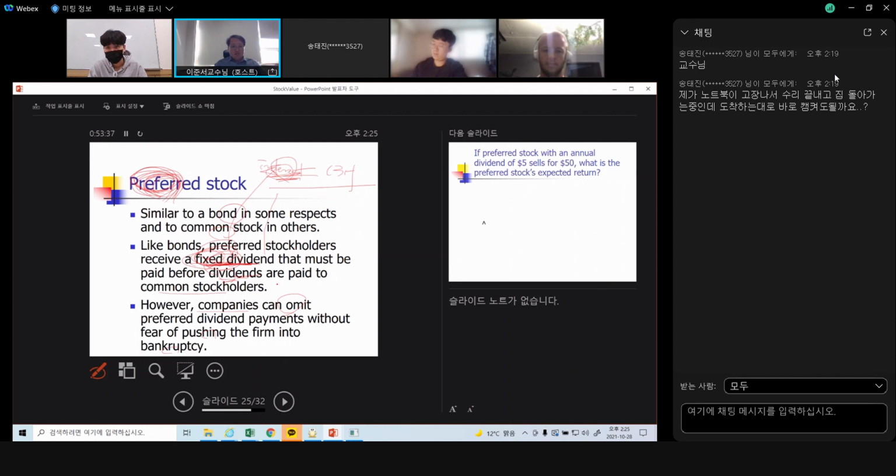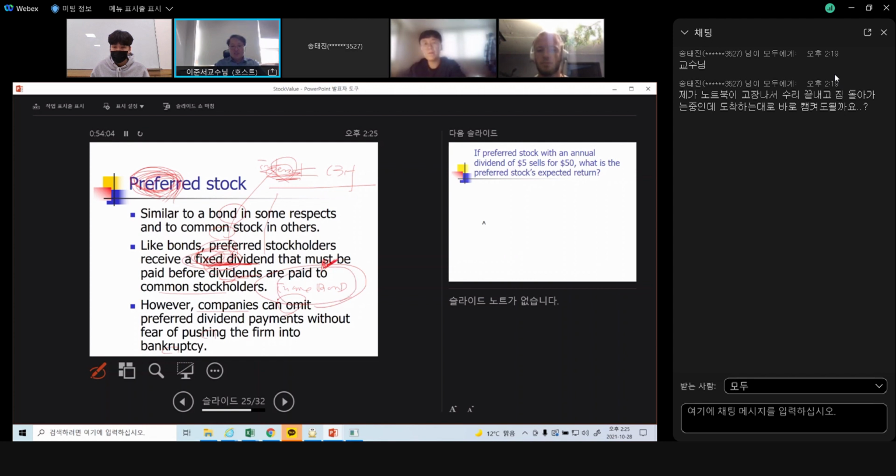There's the name of income bond. So I told you if the company does not provide interest to the bondholders, it's going to be bankrupt, right? Except for the income bond. In an income bond, it's okay even if the company does not provide interest to the bondholders. Only one exception.